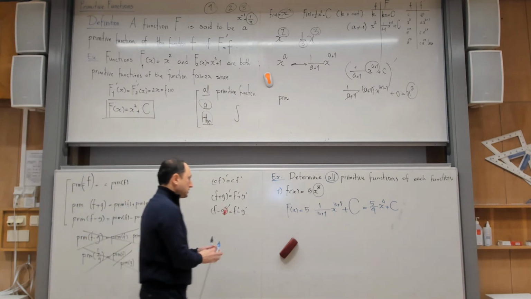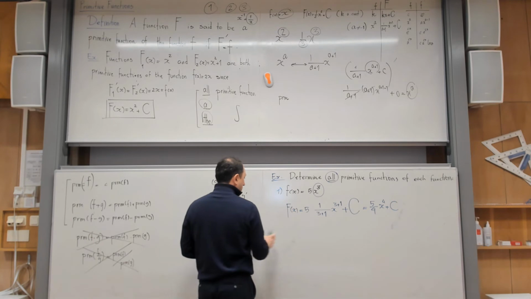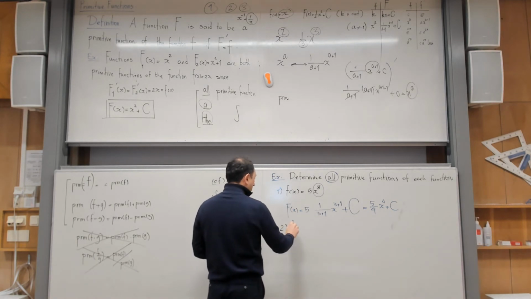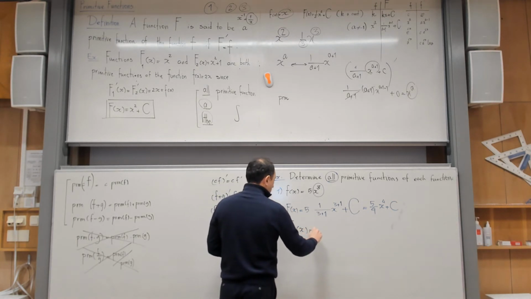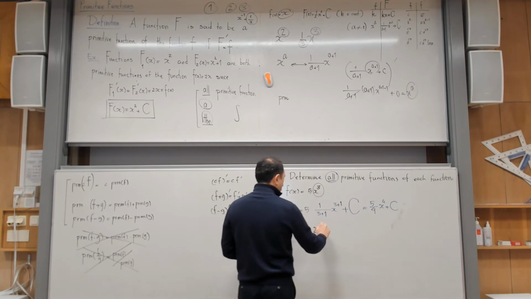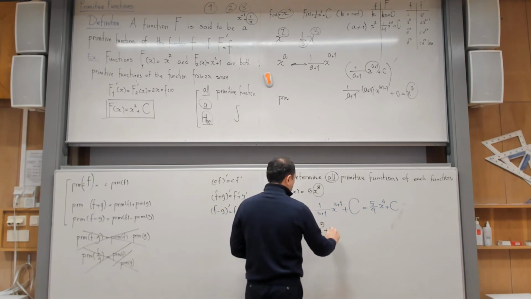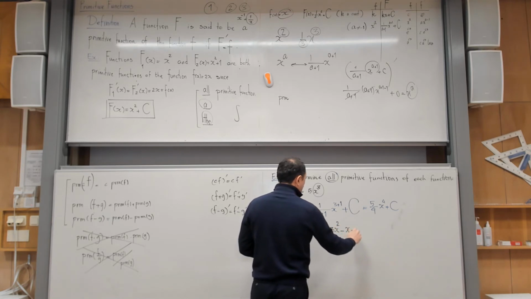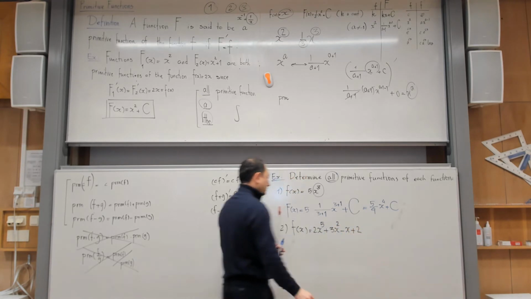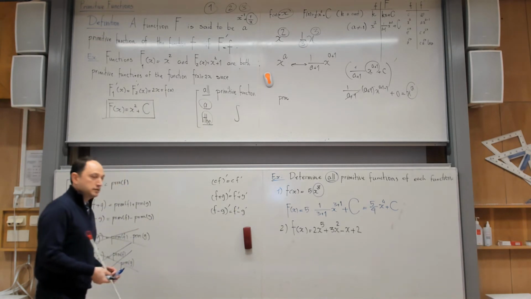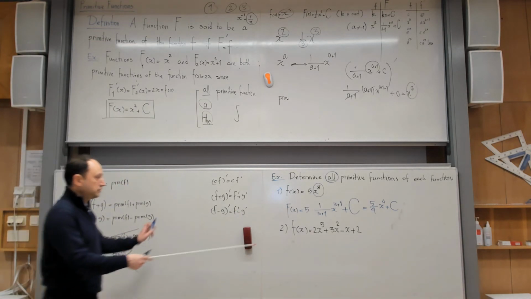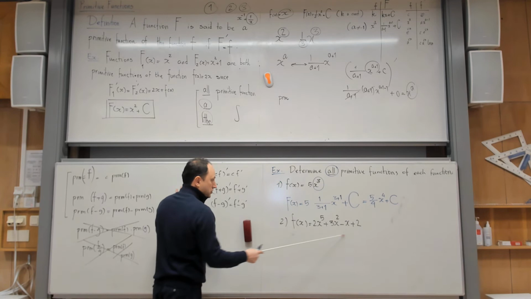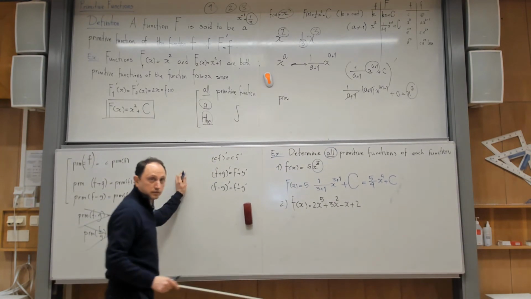So let us increase the level a little bit. Number 2, if I give you this function, 2x to the power of 5 plus 3x to the power of 2 minus x plus 2. We want to find all functions whose derivative is equal to this function. So these are E-level questions, they are not hard.